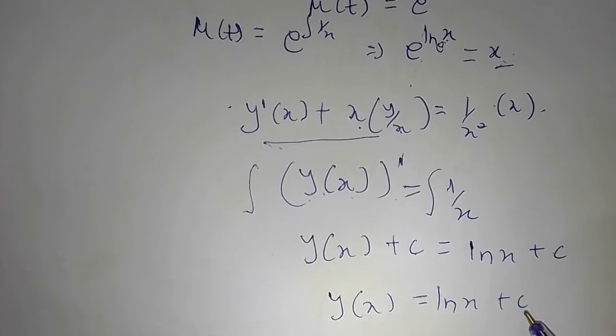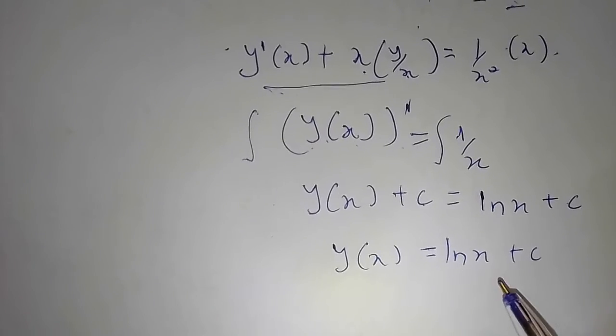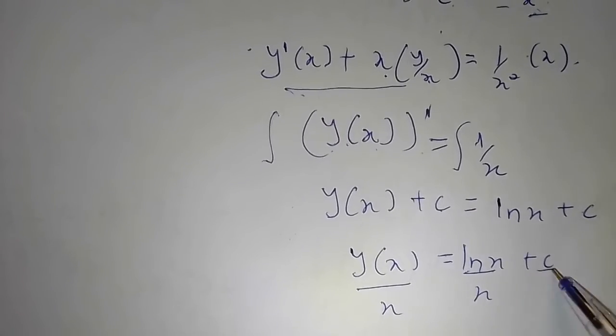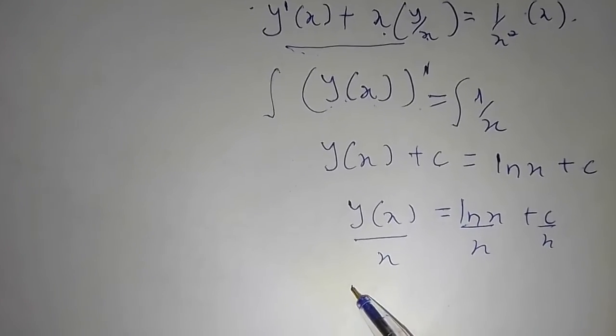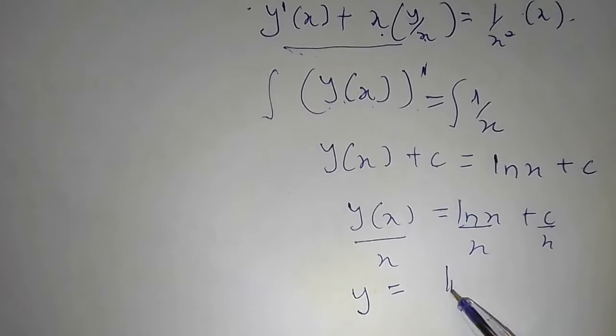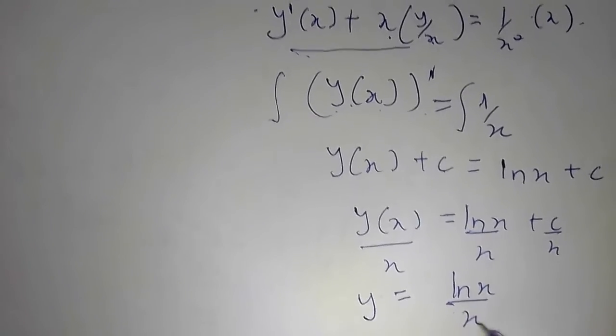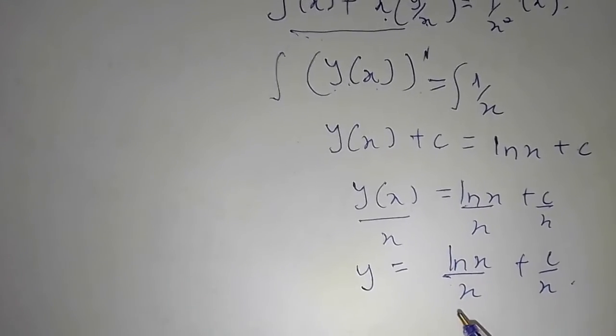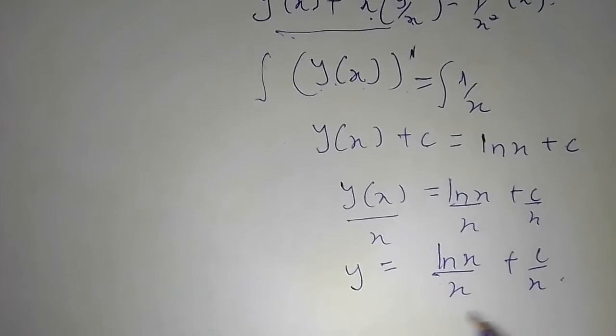To make y the subject, we divide through by x. So our answer becomes y is equal to ln x over x plus c over x. This is the general solution for the first order linear differential equation.